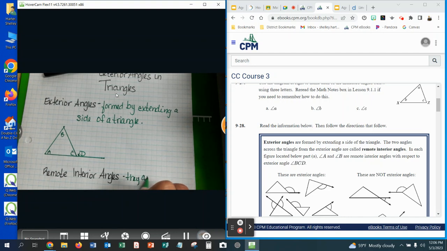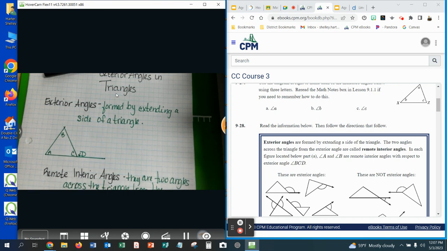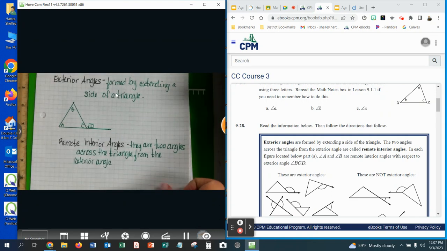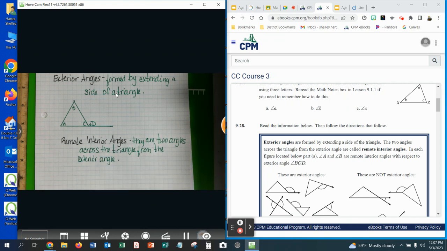They are two angles across the triangle from the exterior angle. Okay.